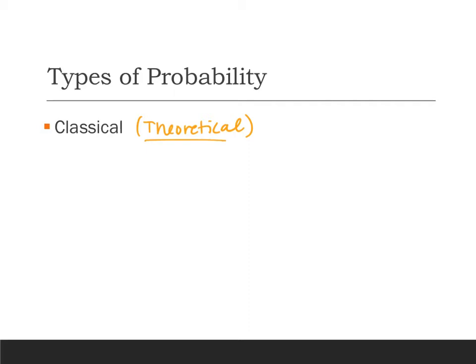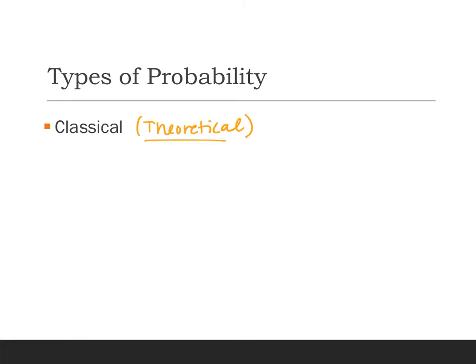With our classical or theoretical probability, we have to have equally likely outcomes. So that means that each time we do something, we're going to need to see that it has an equal number of possible outcomes.